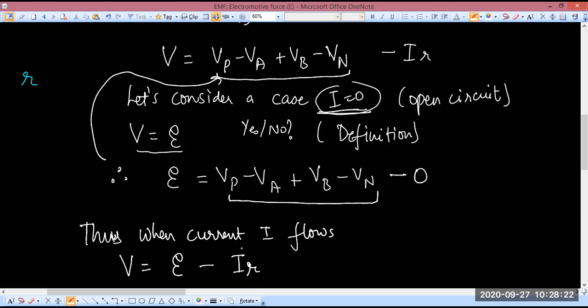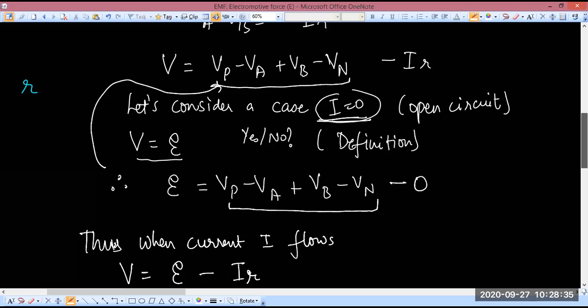So that's what we get, right? We get a relation between V, epsilon and IR.